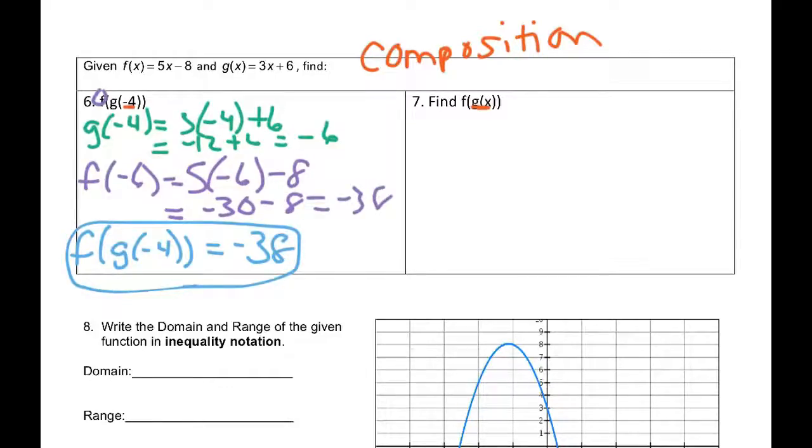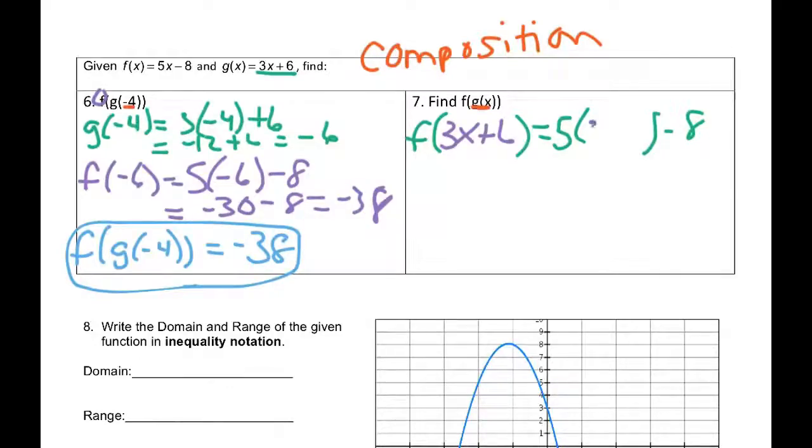All right, 7. And this time we have f of g of x, and x is already in g, meaning we already know what g of x is. It's up here, right? 3x plus 6. So we only have to do this once. We're going to put function f on the outside. G of x is going to go on the inside, and g of x is 3x plus 6. Remember, function f's rule was 5 times that input minus 8.